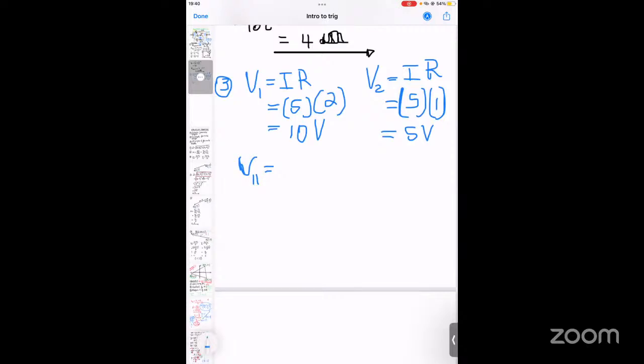It doesn't matter whether it's for the whole parallel or for one of the resistors in the parallel. It will be I that you multiply by R, and the R must be the R parallel.